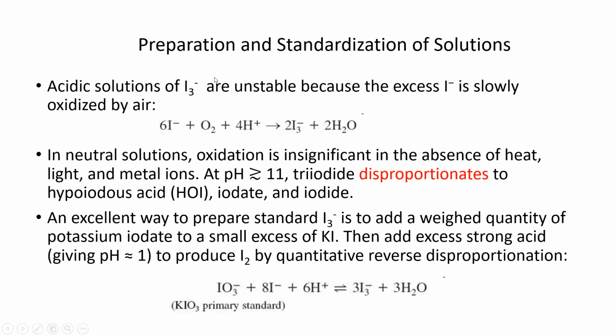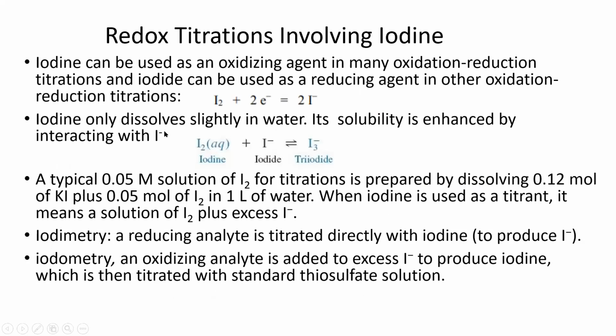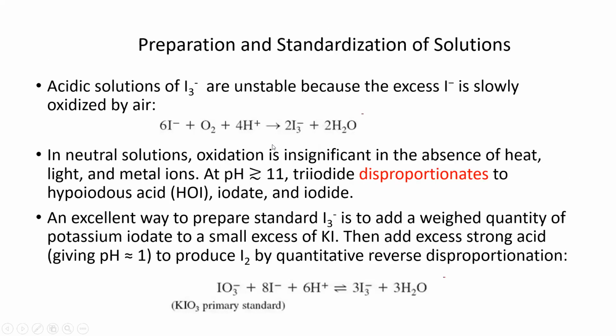Now, in an acidic solution of iodide, remember we said that your iodine with potassium iodide will form triiodide. Triiodide is unstable because the excess iodide ion is oxidized by air. You can see your triiodide is a mixture of iodide and iodine, and this iodide is unstable and is oxidized by air.